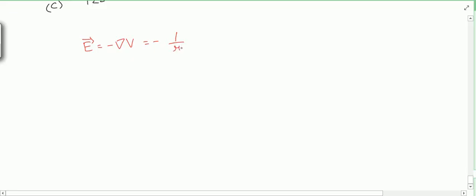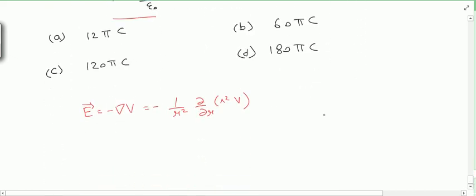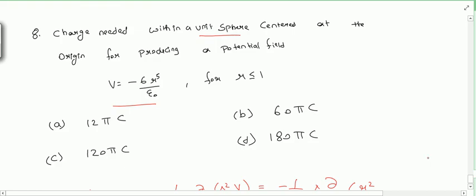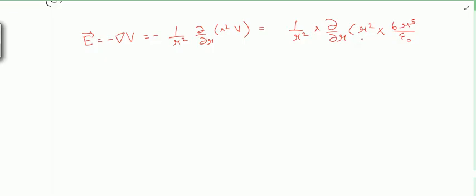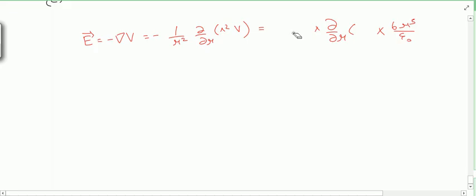In spherical coordinate the gradient formula has the radial term, and the other components will become 0, because here only the r component is present, no theta and no phi. The 1 by r square del by del r of r square times V form is for divergence basically, not for gradient.